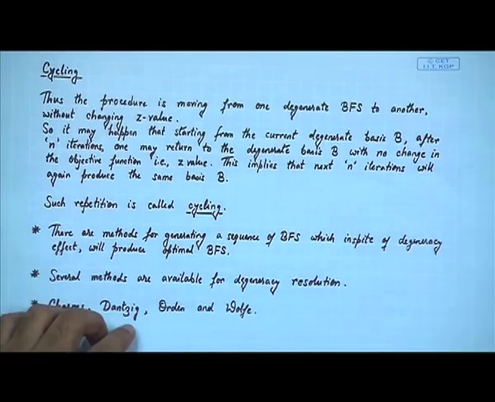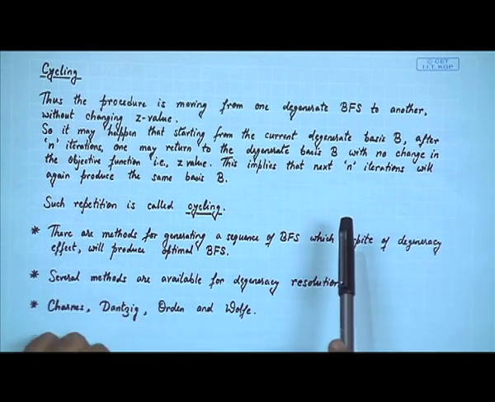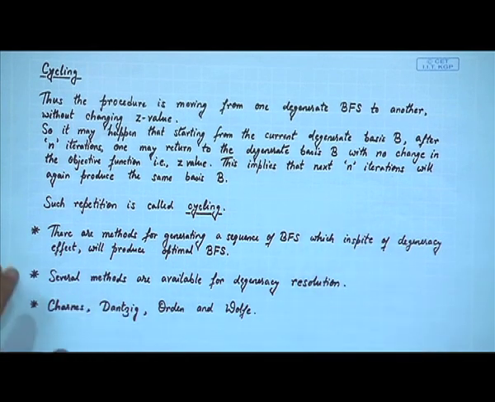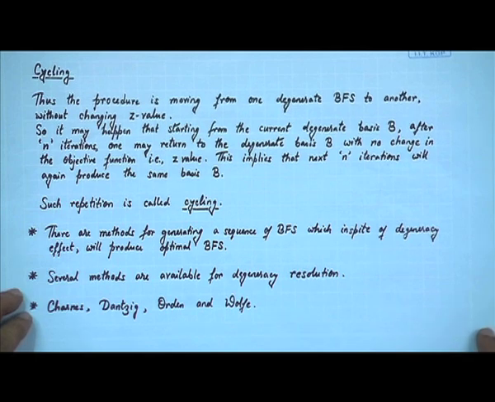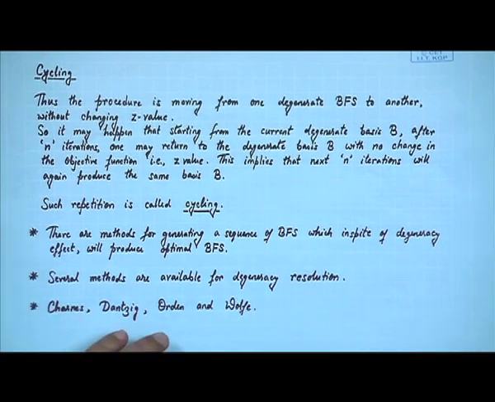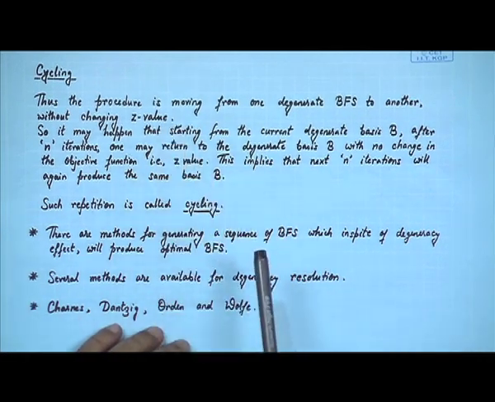So, basically what happens whenever degeneracy occurs, you are moving from one degenerate basic feasible solution to another degenerate basic feasible solution. The procedure is moving from one degenerate BFS to another without changing the Z value, that is the problem.